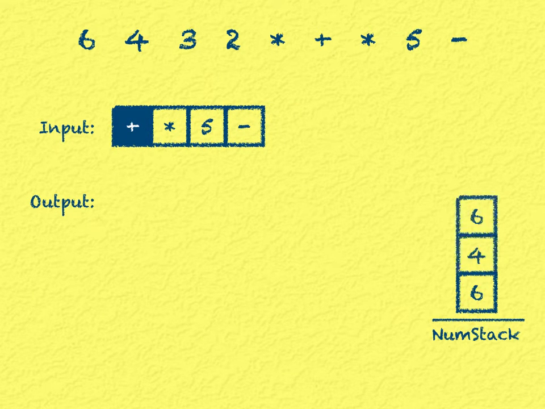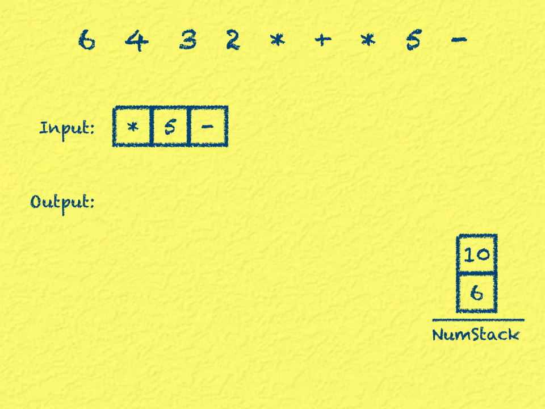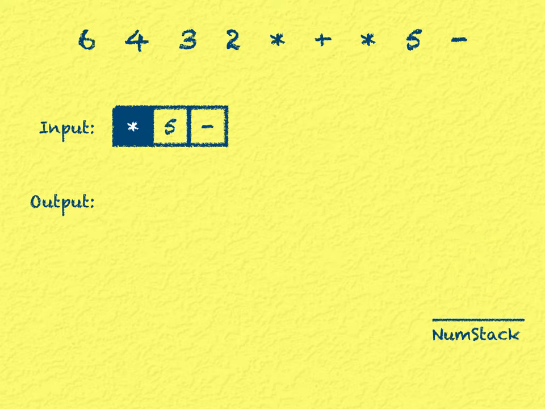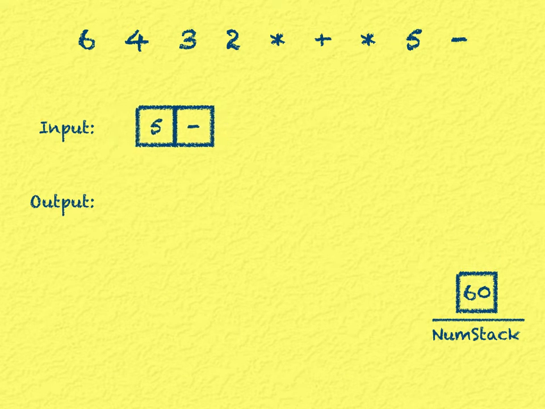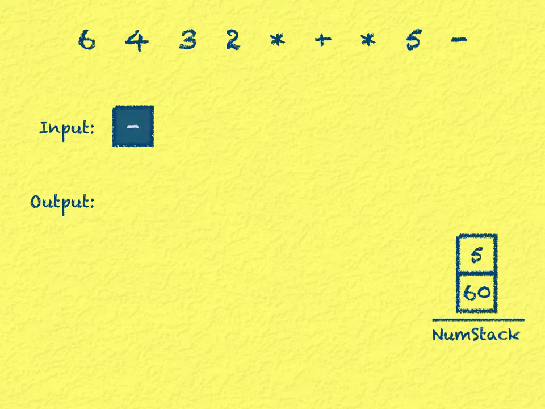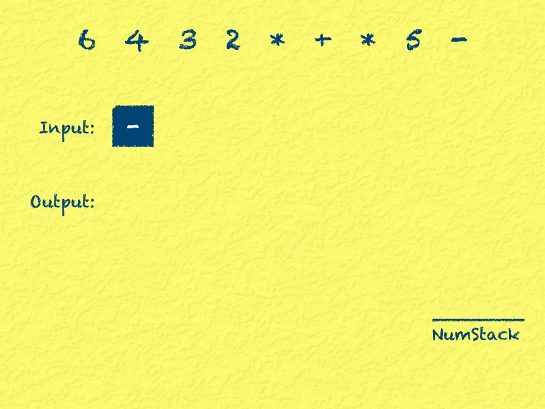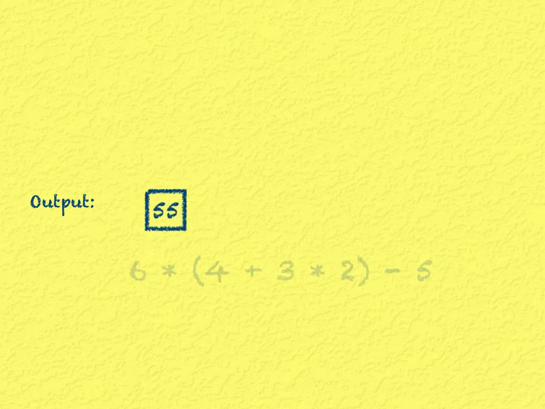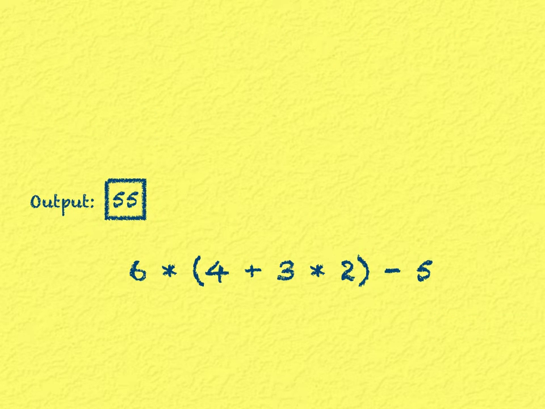Apply the plus to the current top two numbers, and we get 10. Throw it away. Multiplication. Apply that to the top two numbers, and we get 60. Throw it away. 5 is a number, put it on the num stack. Minus is an operator, apply it to the top two numbers, and we get 55. So 55 would be our final answer.